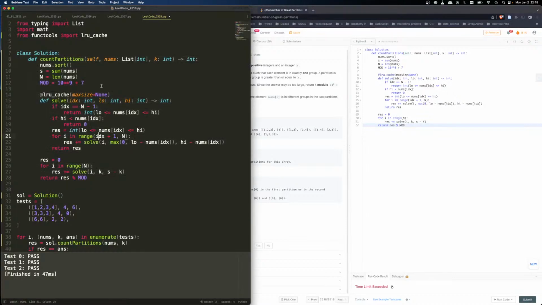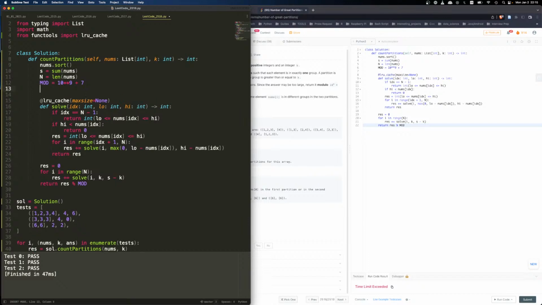We have to, let's get a global, right? Let's get a global. 3 level. 3 level. Okay.